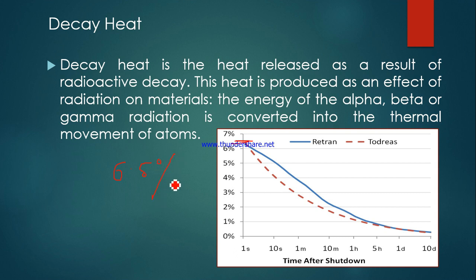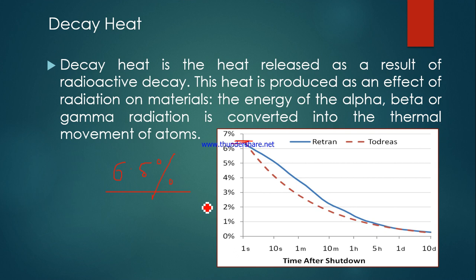So this 6.5% heat is to be removed if there is an auxiliary failure, or there is a scram, or due to some reason you shut down the reactor. So this 6.5% of the total heat is to be extracted.